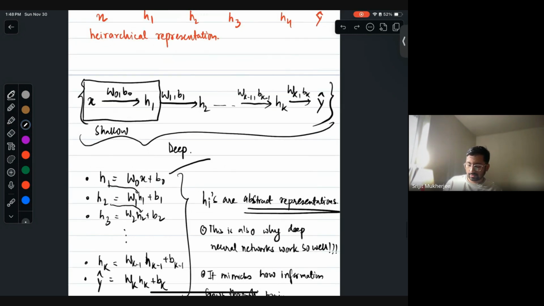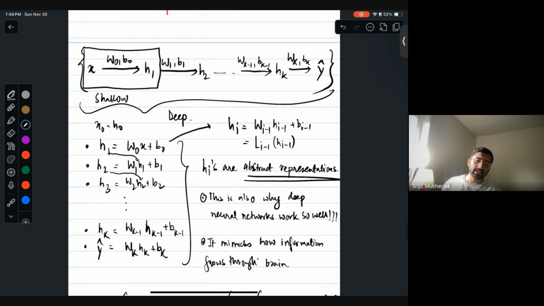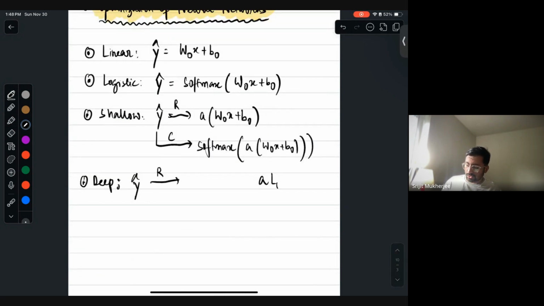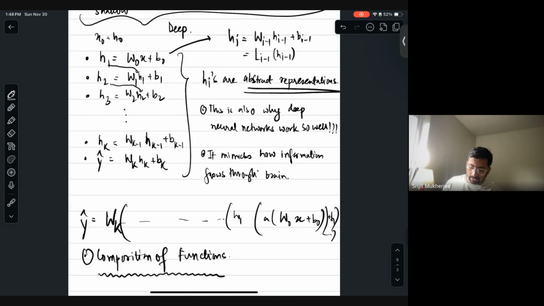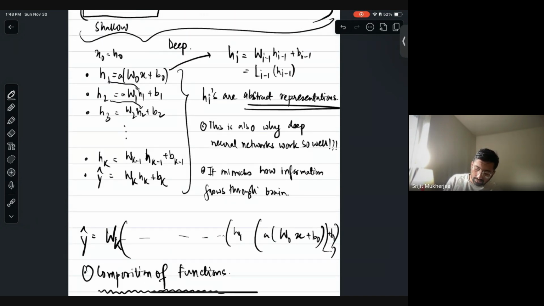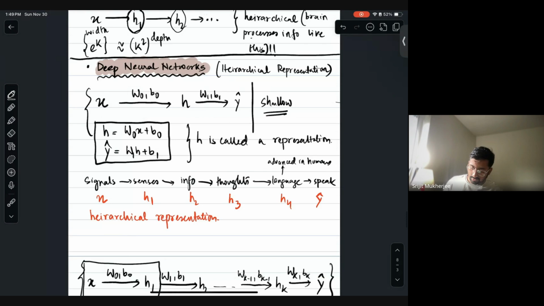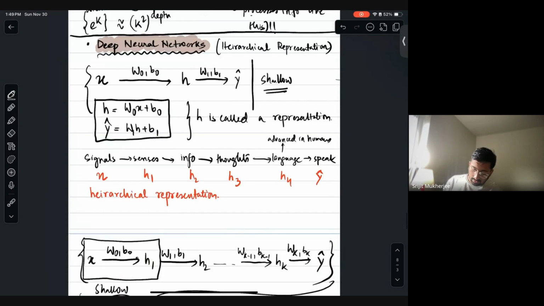Let's call this hi is equal to w i minus 1 h i minus 1 plus b i minus 1. So let's call x naught equal to h naught, and this is some l i minus 1, some linear layer of h. Let's define it like this. So what we get is nothing but L naught of x, right? Then an activation function. I think I made a mistake here. It will be this. There's an activation function here.